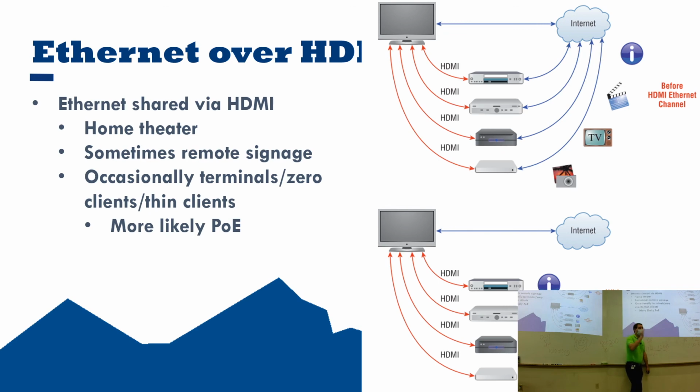You have an Ethernet signal coming into the device, and it also provides it with power. So you basically only have a single cable that provides power and Ethernet signal. And most of the time, even with a terminal, you're going to be able to get the video signal from the actual device as opposed to from a server. Does that make sense? There are some rare cases in which it may make sense to do this. Most of the time, just use PoE.